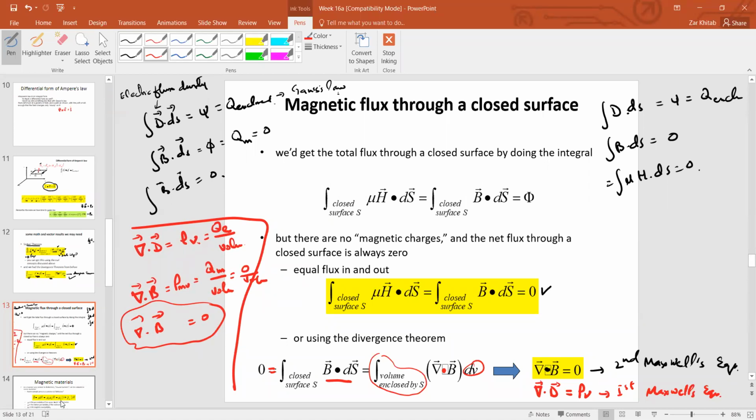If you somehow discovered a magnetic point charge, because by this time scientists have not known of magnetic charge. For scientists, this thing is 0. There is no magnetic charge in this universe because it's not discovered.